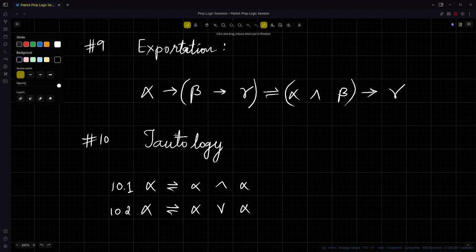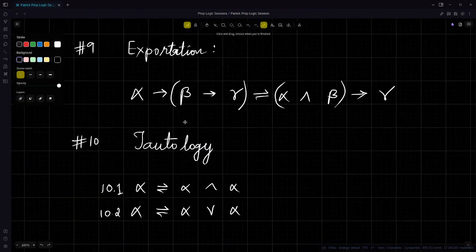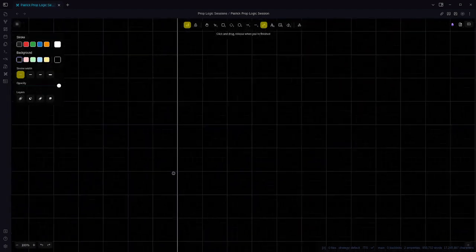So this is again tautology. Those are the 10 rules of equivalence. We've already done 8 rules of inference and 10 rules of equivalence. So I guess we can go back to trying this one.